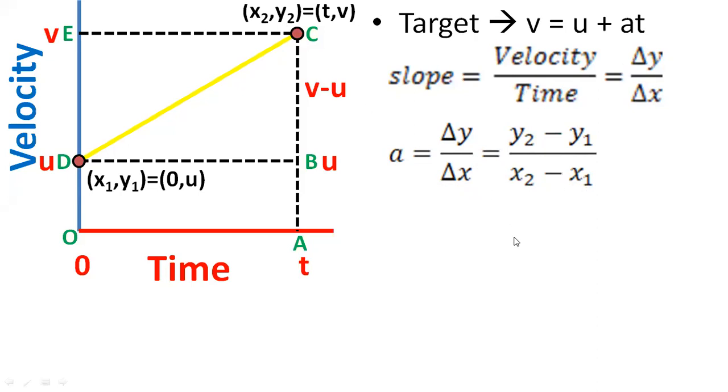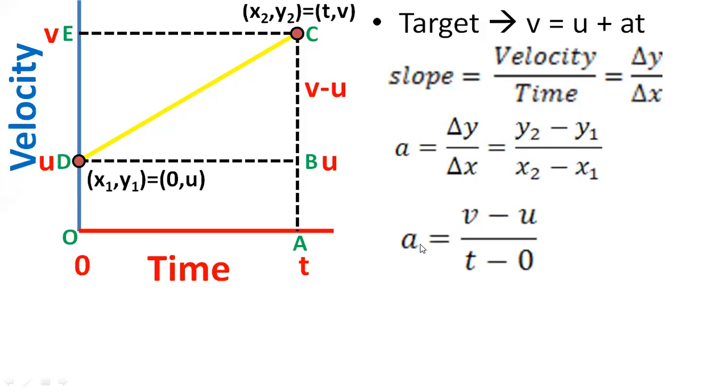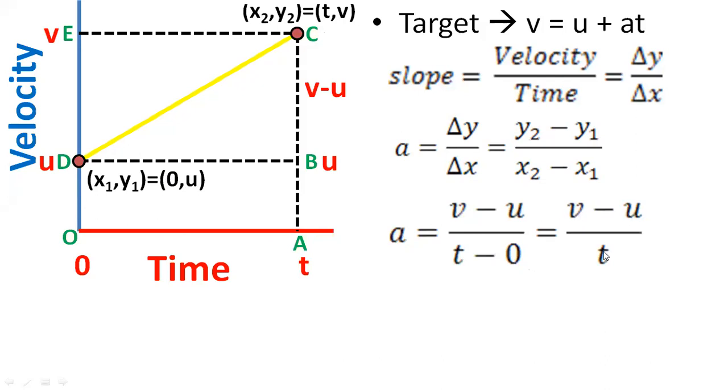Just put them. a is equal to, y2 value is what? v. y1 value is what? u. x2 value is what? t. And x1 value is 0, but there is no meaning for 0. So this equation becomes a is equal to v minus u by t.